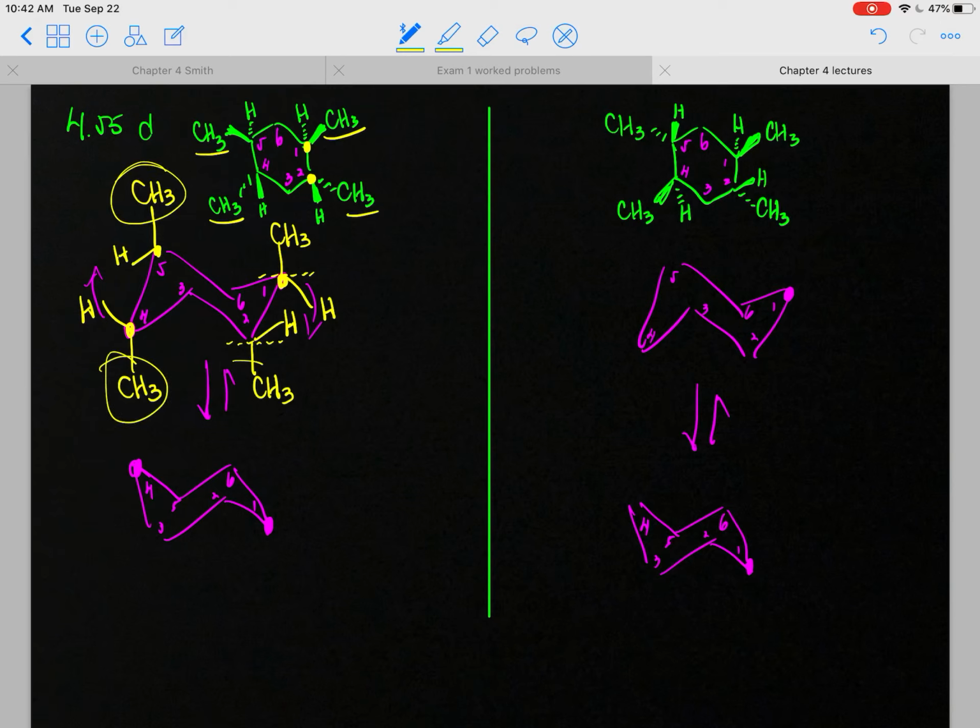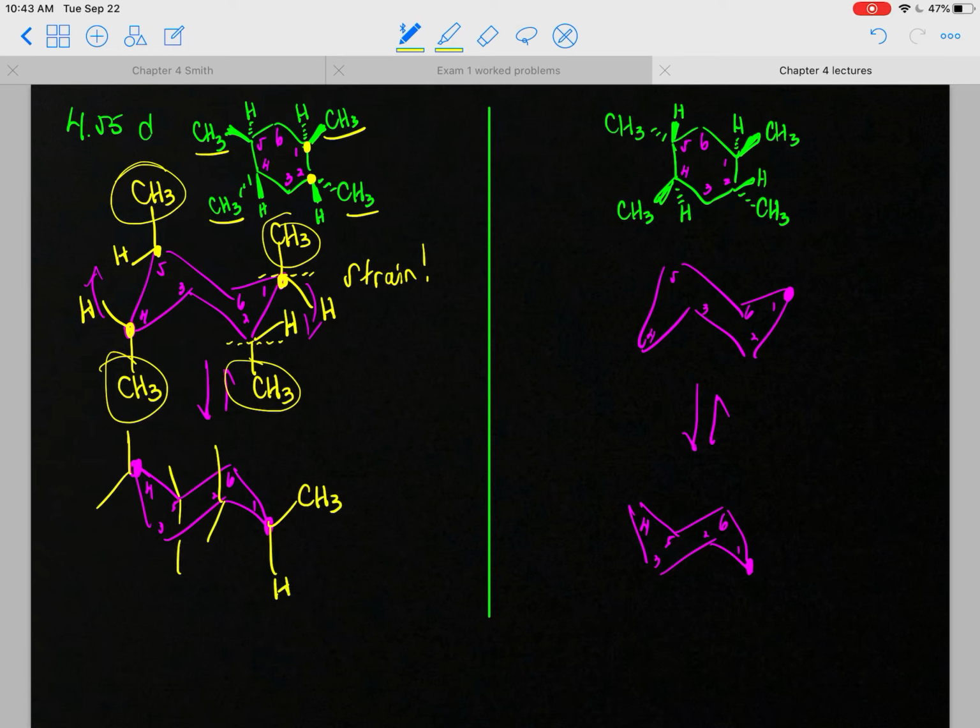Okay, so let's count the axials. 1, 2, 3, 4. This has a lot of strain. Let's do the flip. When you do the flip, first thing you might want to do is sketch in the bonds to each of these carbon atoms that we have substituents on, carbons 1, 2, 4, and 5. Now, it's easy now that we see the first conformation.